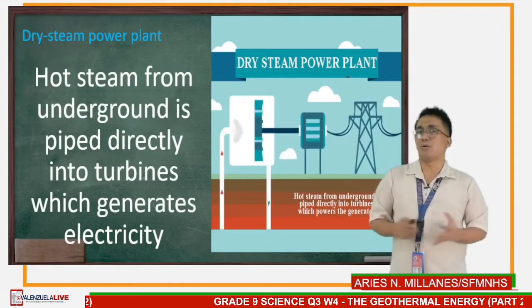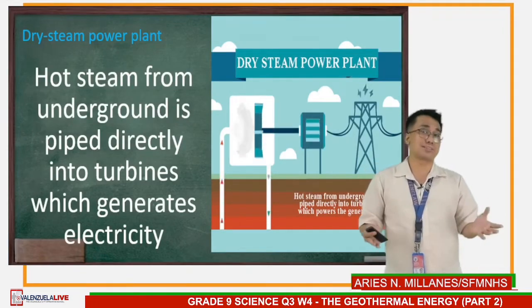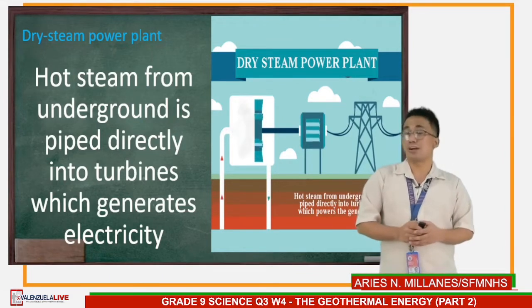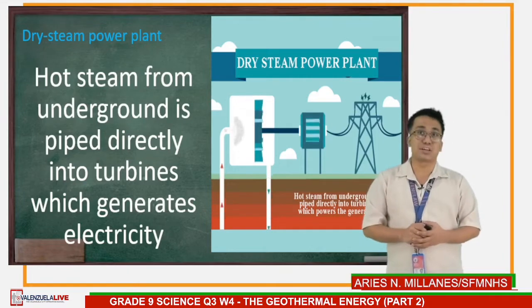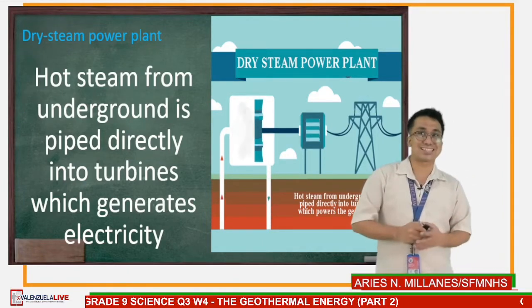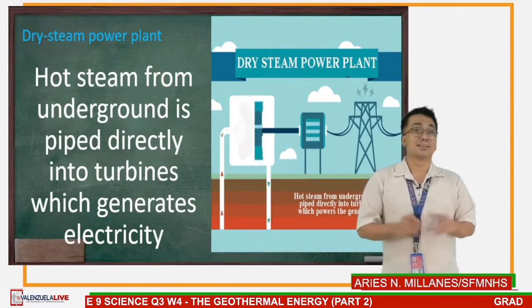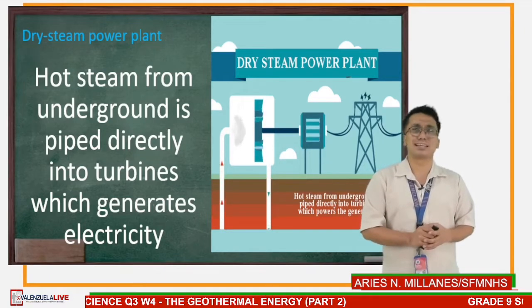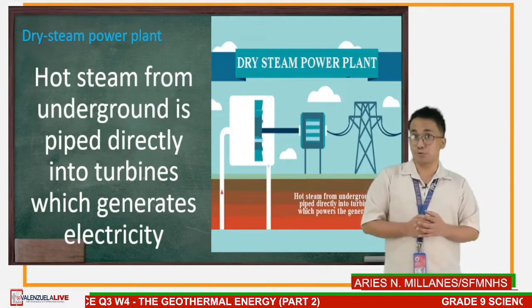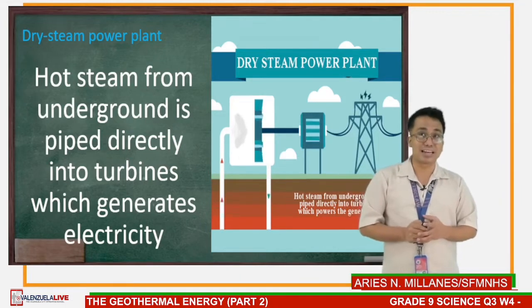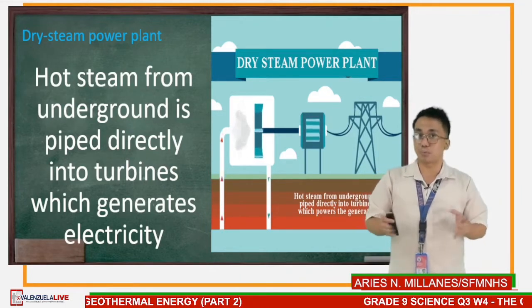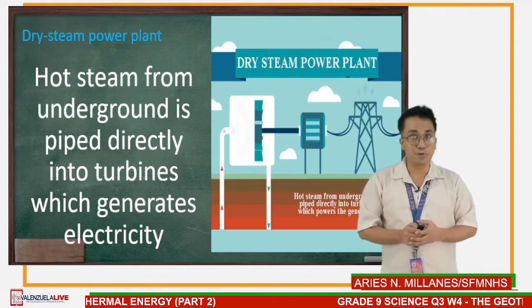So, how does this power plant work? The steam travels directly to a turbine, which drives a generator that produces electricity. This eliminates the need to burn fossil fuels to run that turbine, also eliminating the need to transport and store fuels.